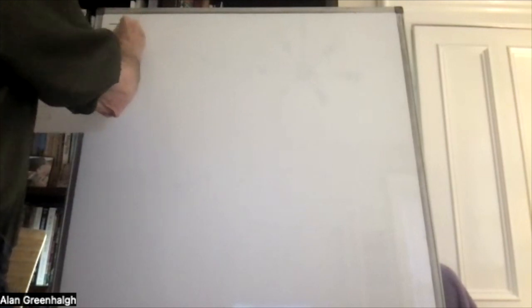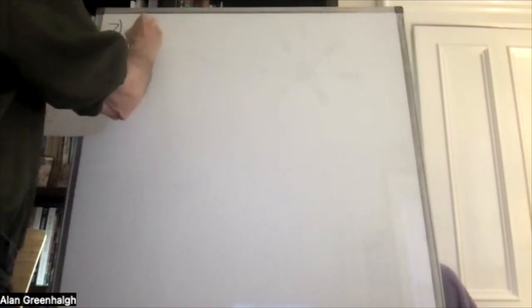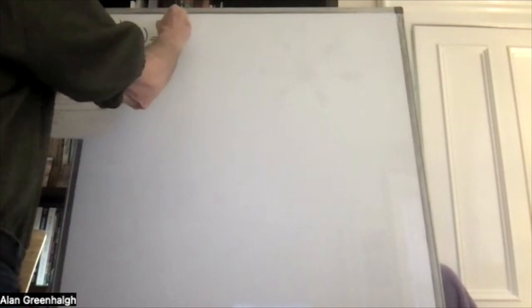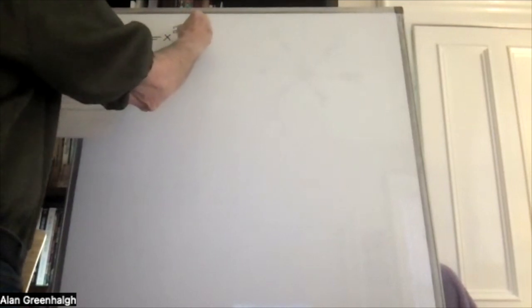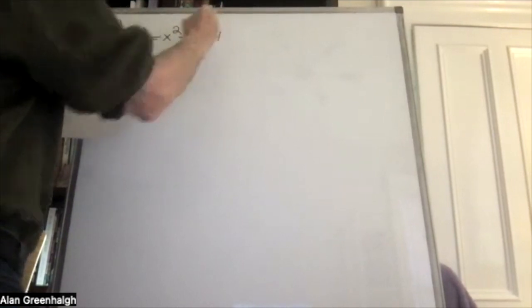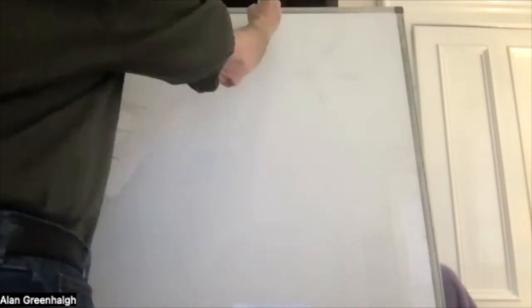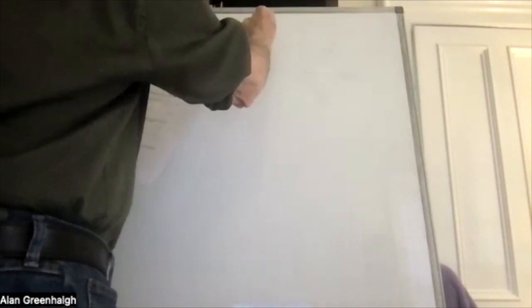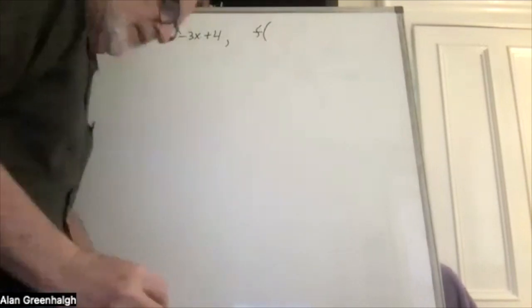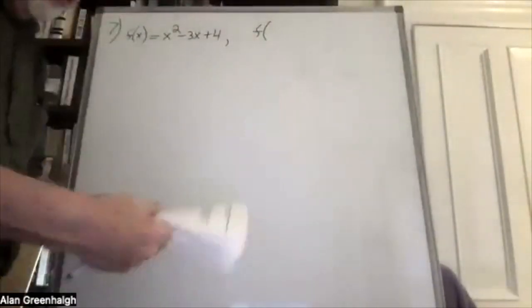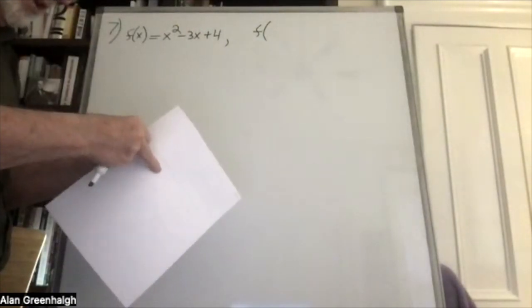So find the difference quotient, and f of x equals x squared minus 3x plus 4. Let me try to make this look as similar to the question as possible.